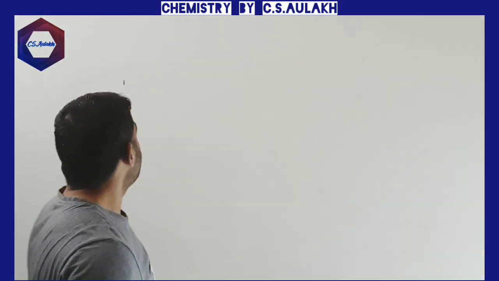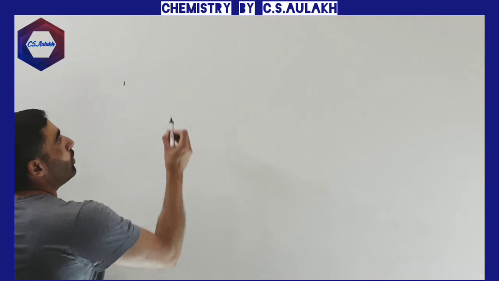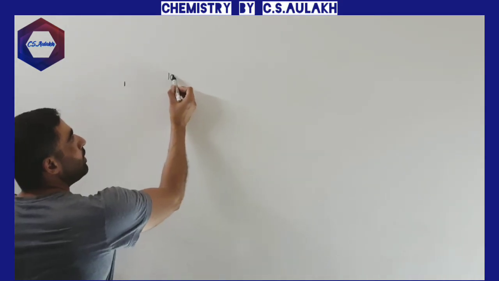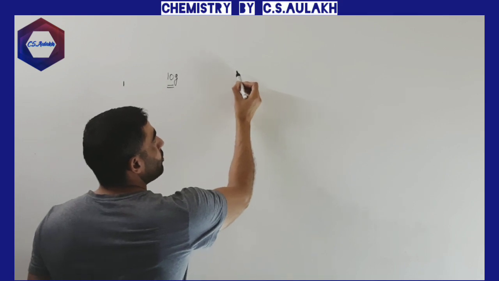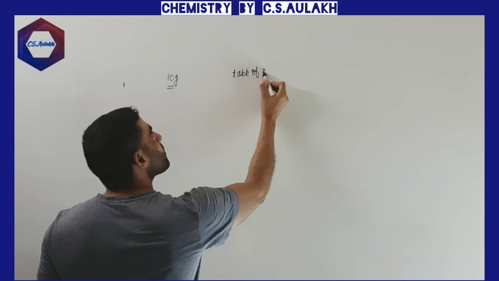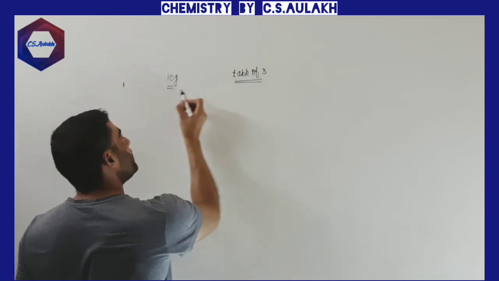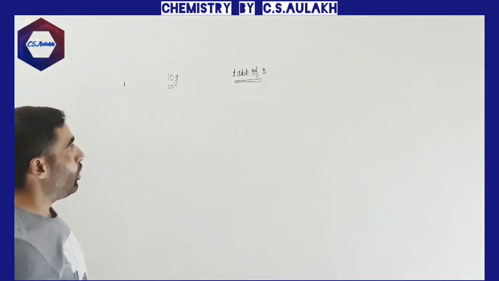For this you have to create your own log table like this. On one side you will have to write log, and on the other side you will have to write the table of 3. On one side write the table of 3 and on the other side write the log.